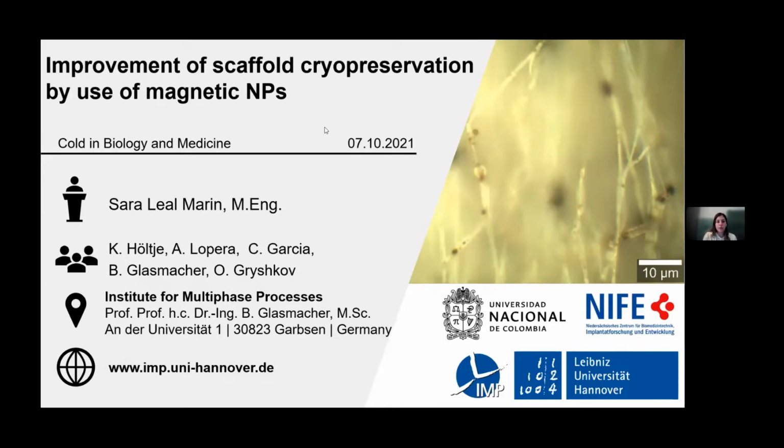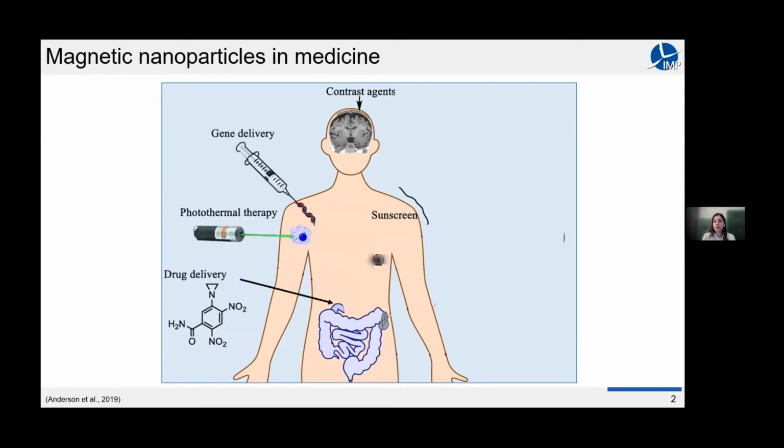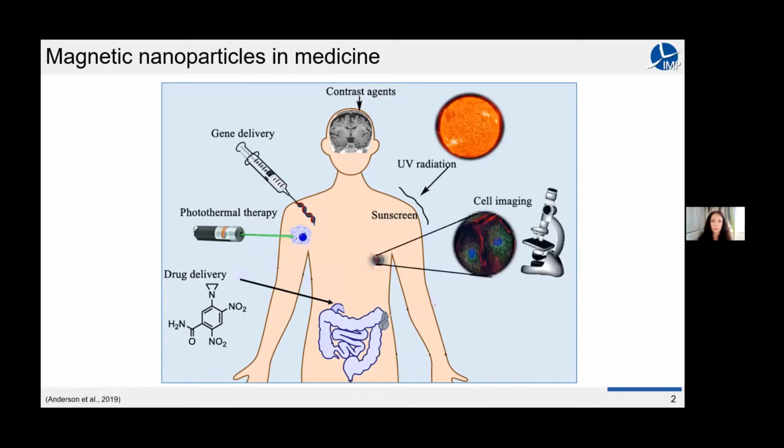As many of you know, magnetic nanoparticles are used in medicine for different applications, such as contrast agents, drug delivery, photothermal therapy, gene delivery, protection from UV radiation, cell imaging, anti-cancer agents or cancer diagnosis, and treatment of bacterial and viral infections.